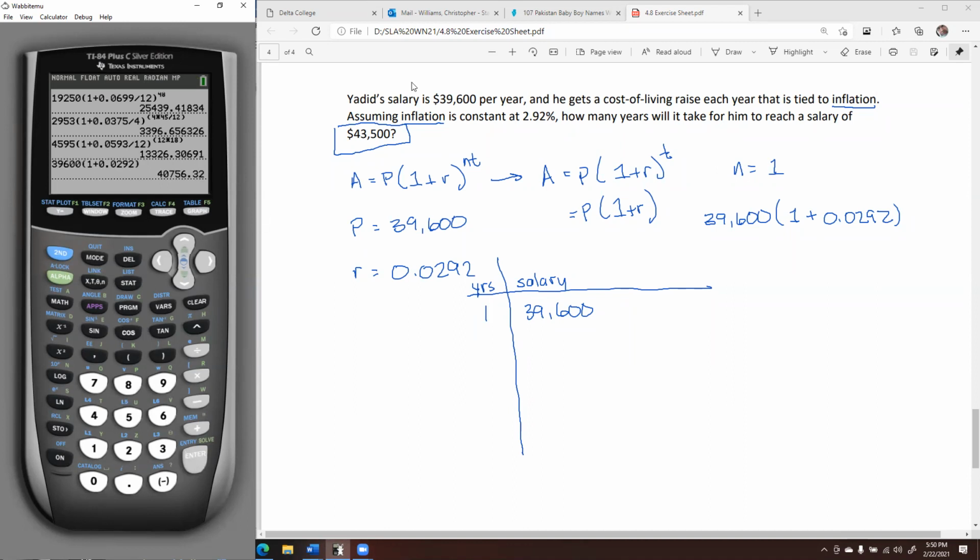All right. So after the second year, the income will be 40,756.